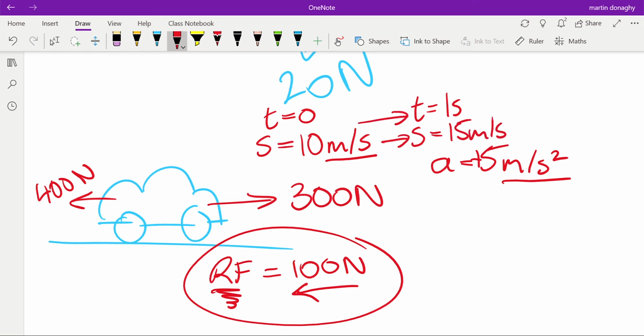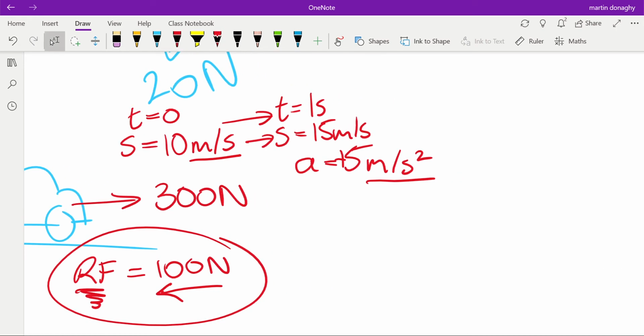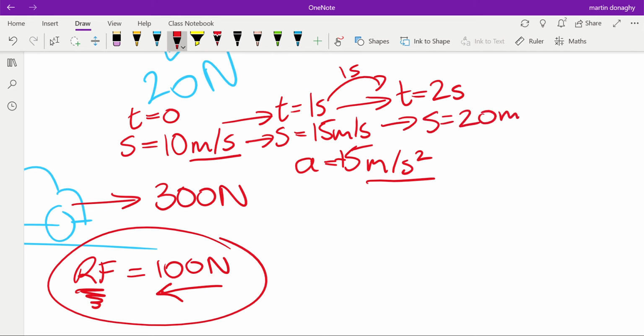And you can see that in 1 second, its speed increased by 5, and that's what the acceleration means. After another second, okay, so the time is 2 seconds, this is 1 second later, it increases by another 5. So the speed would then be 20 meters per second. So an acceleration just tells us how much the speed would increase by each second.